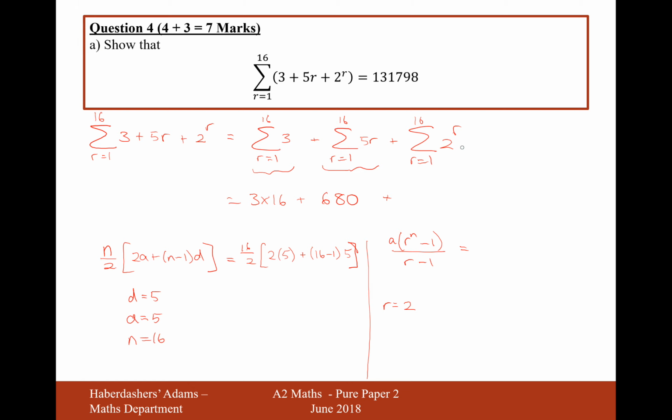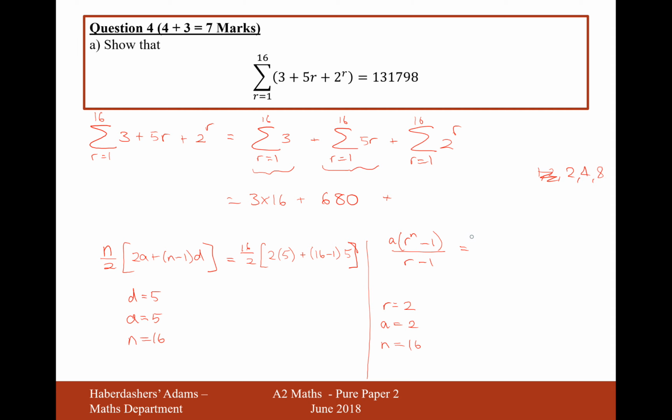If we think about what this is going to be, it's going to start at 2, then 2 to the power 2 is 4, 2 to the power of 3 next, that's 8, so it's going to double each time, so the ratio between the two terms is 2. We know that the starting term is 2, when we put 1 in, we get 2, and n is 16, because we have 16 terms in our sequence.